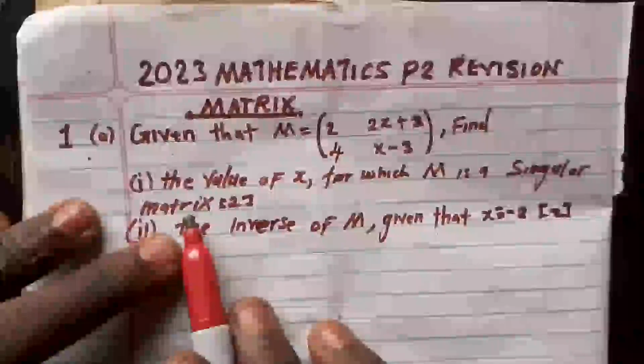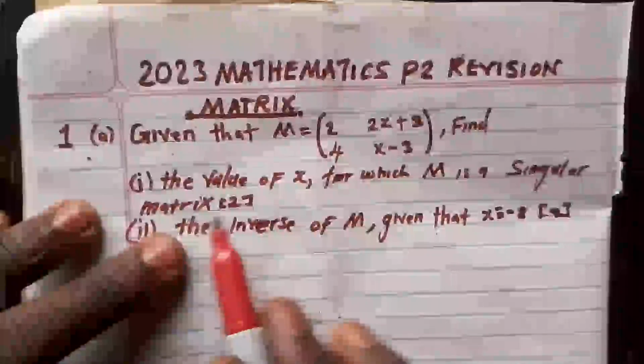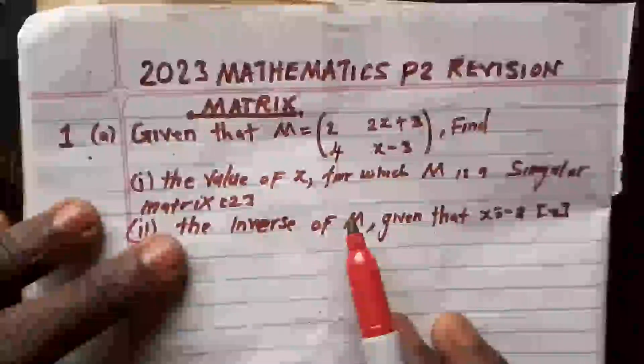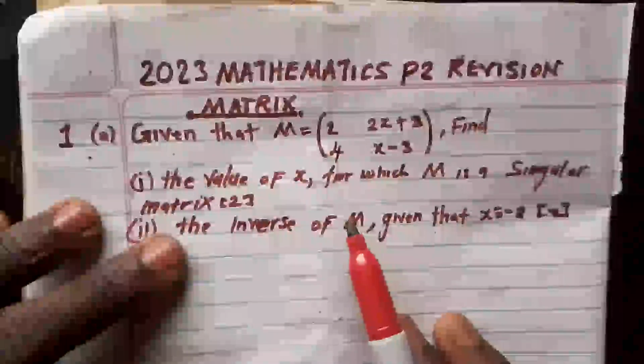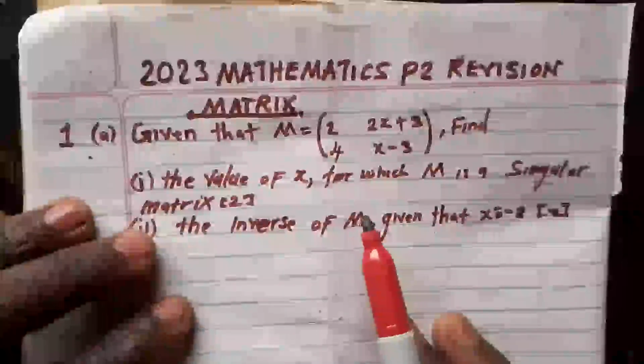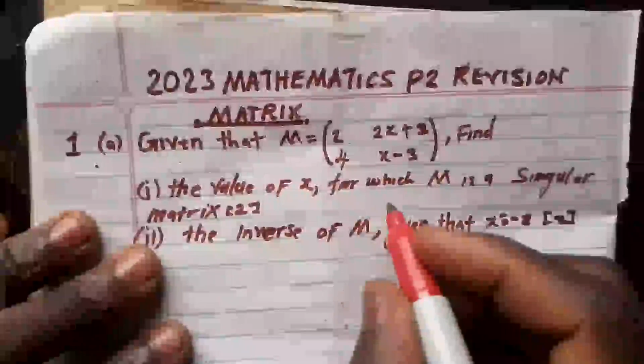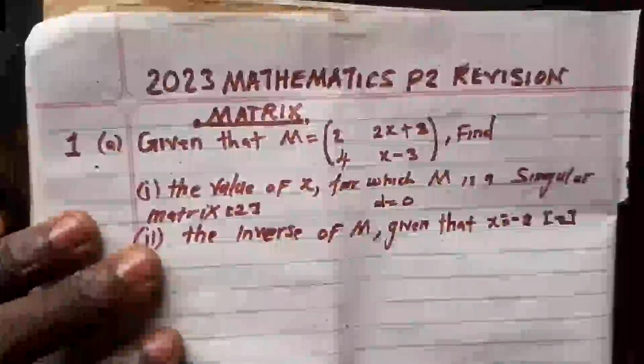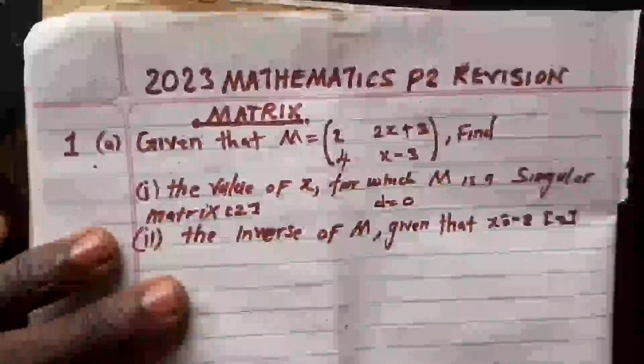Since here they are saying m is a singular matrix, which means it is going to have 0 determinant. So the determinant of a singular matrix always is equal to what? 0. That is what we need to know.